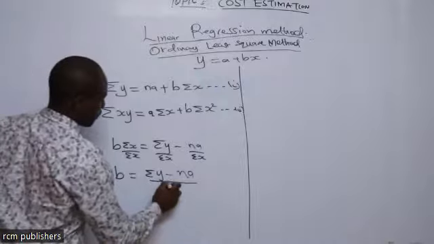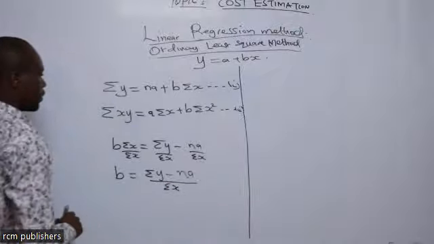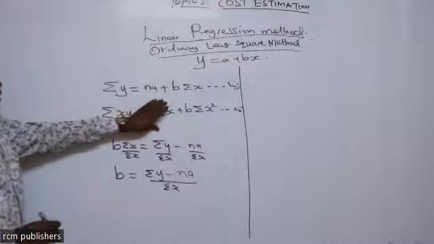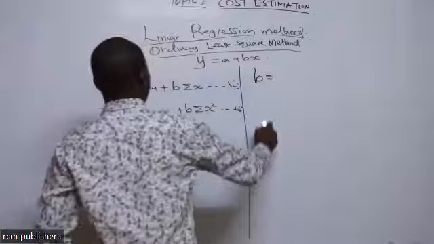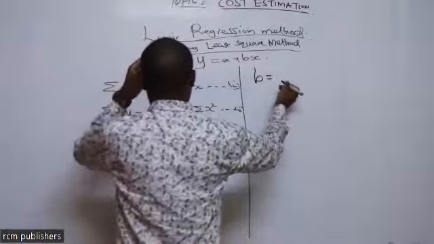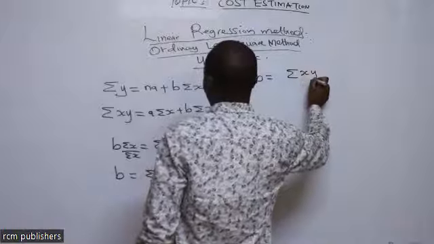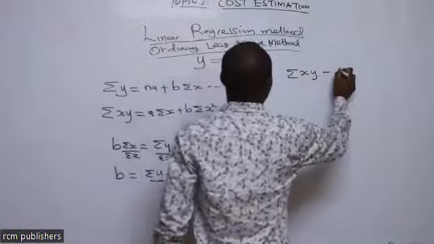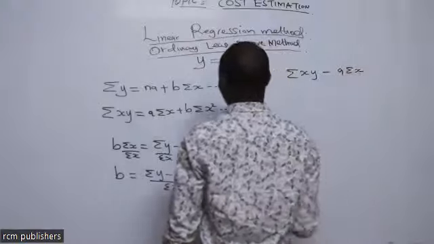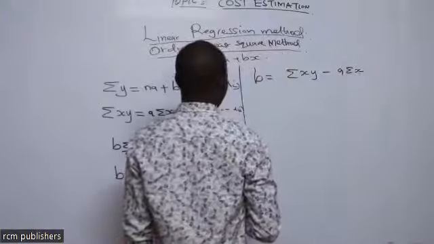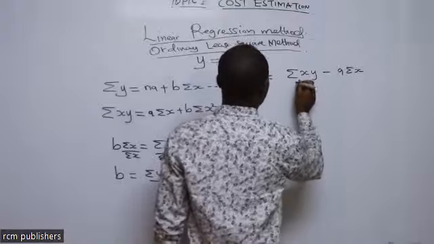Then we have summation of X. Then also make B the subject of the formula here. Summation of XY minus A summation of X, then we divide by summation of X squared.